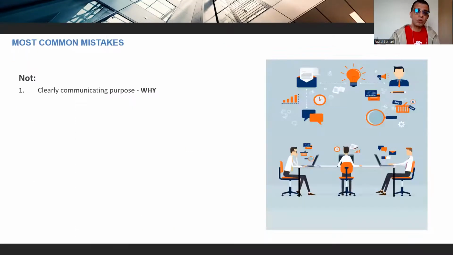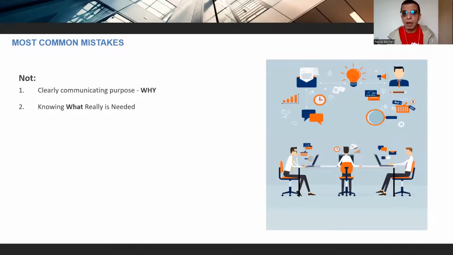While you're sharing this information, you need to avoid common mistakes that an IT person or a consultant falls into, which is not clearly communicating the purpose.